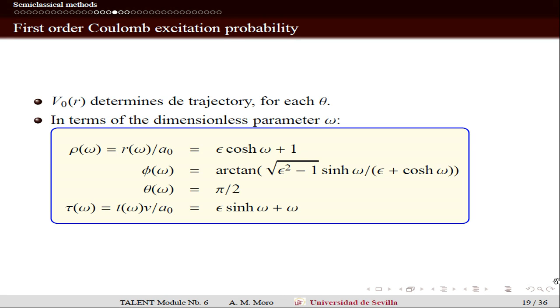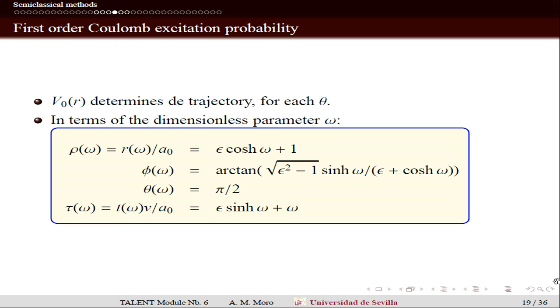There are several ways of writing this equation, but a usual and useful way is in terms of a dimensionless quantity, this omega here. So this is the description of the different magnitudes describing the trajectory in terms of this omega, this dimensionless quantity.